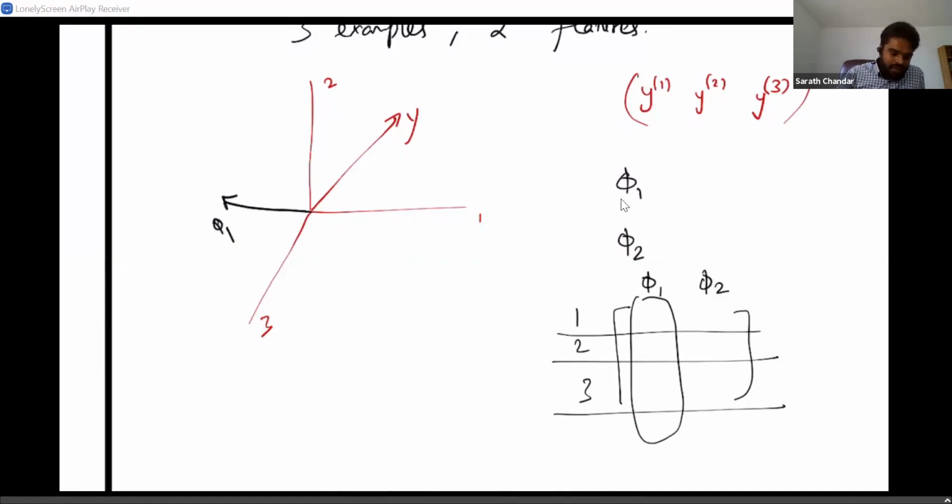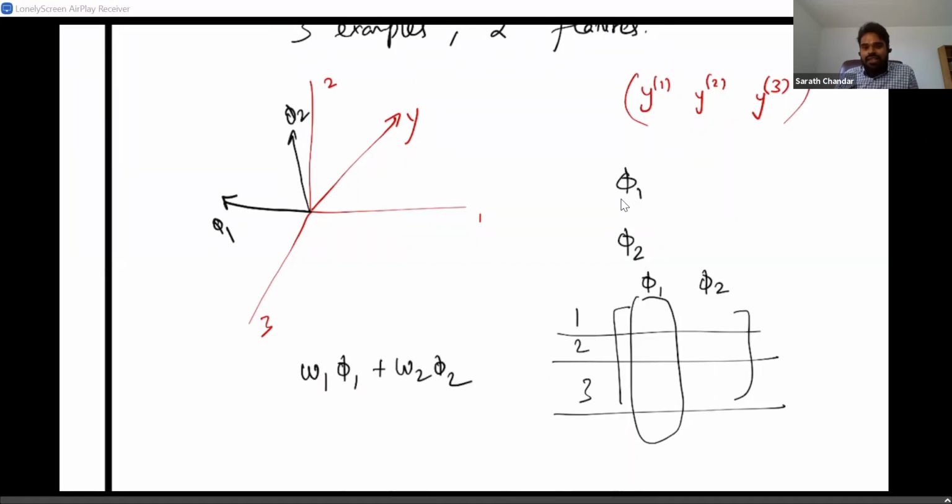Similarly, let's say this is phi2. Now we have a lesser number of features than the number of examples. We have 2 features when there are 3 examples. Remember that your linear regression is basically w1 times phi1 plus w2 times phi2, right?